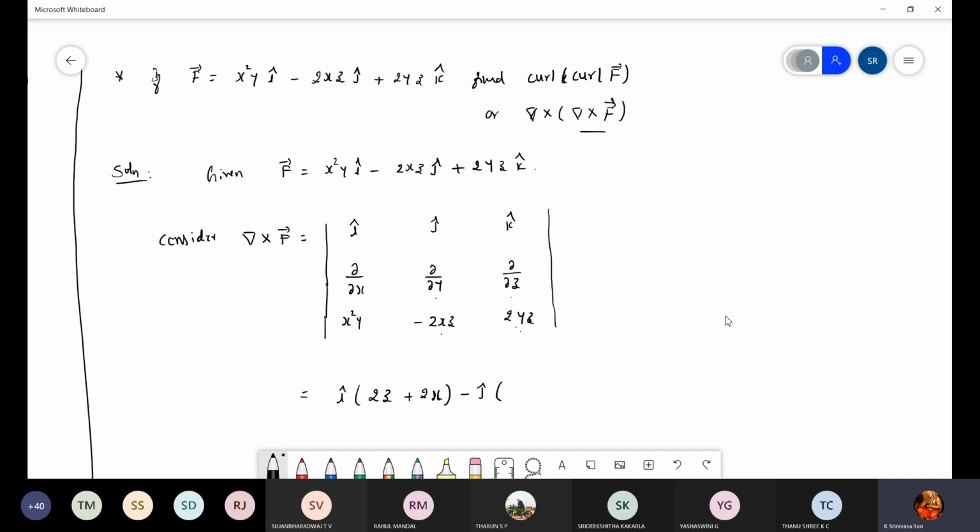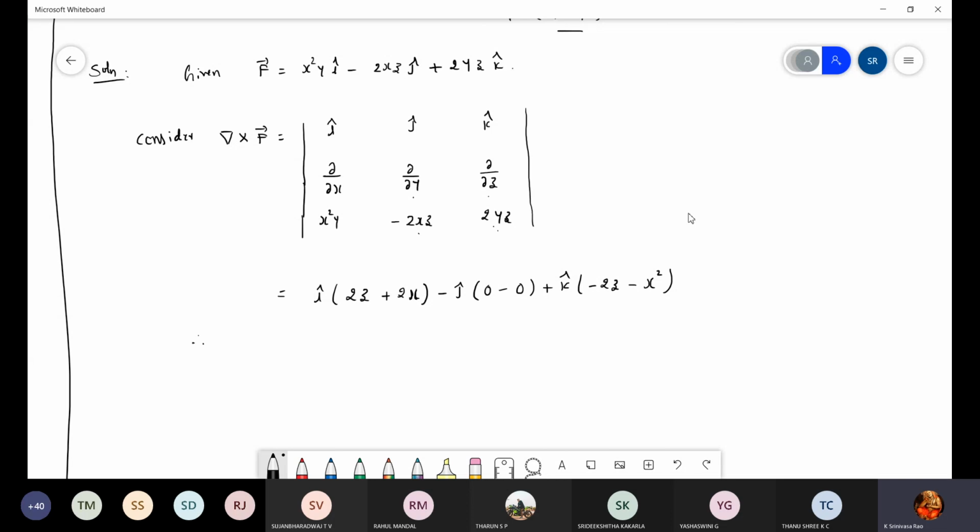Dou by dou x of 2yz is 0, and dou by dou z of x square y is also 0, with minus because of the formula, and both are 0. Plus k cap into, partially with respect to x, minus 2xz differentiation is minus 2z, and x square y partially with respect to y is x square. Okay, so this is curl f.